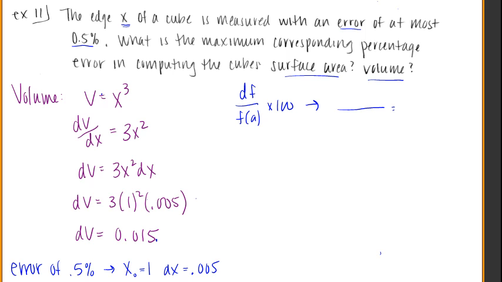And then going back to our formula to find the maximum corresponding percentage error, we take the derivative of our function, which we just found to be 0.015, divided by the main function evaluated at a, which is 1 cubed, and then we do all of that times 100. So 0.015 divided by 1, times 100, is 1.5%. And there's the answer for the second part.